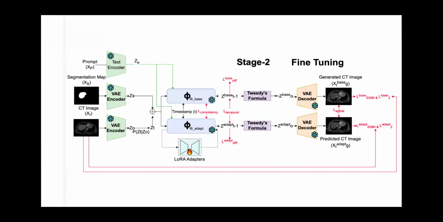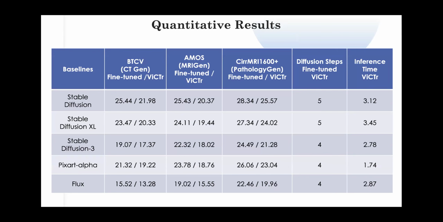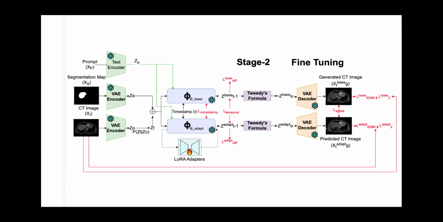The other question is that cirrhosis is a good example, but I'm assuming there would be pathologies which are not just three classes, right? For example, if you're talking about a tumor, what kind of additional information are we going to need? Maybe the location, the characteristics of the tumor. How do you see this expanding?